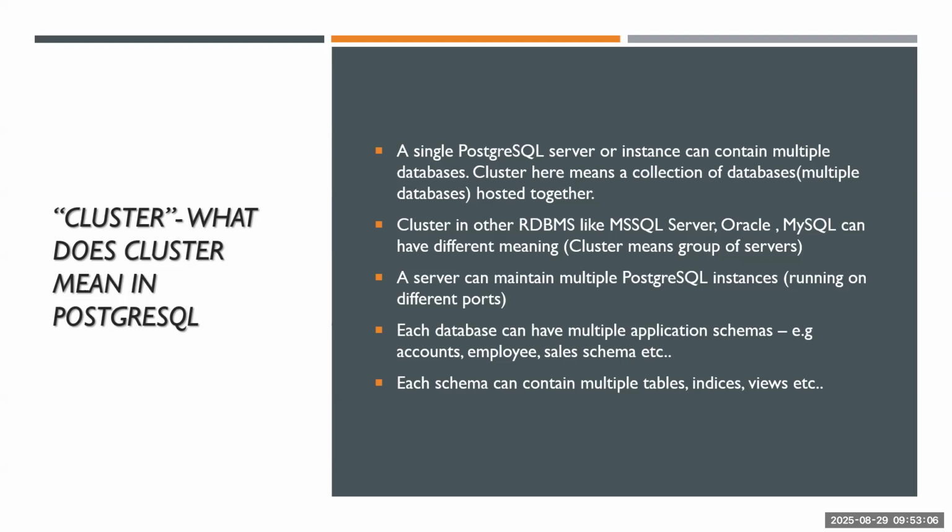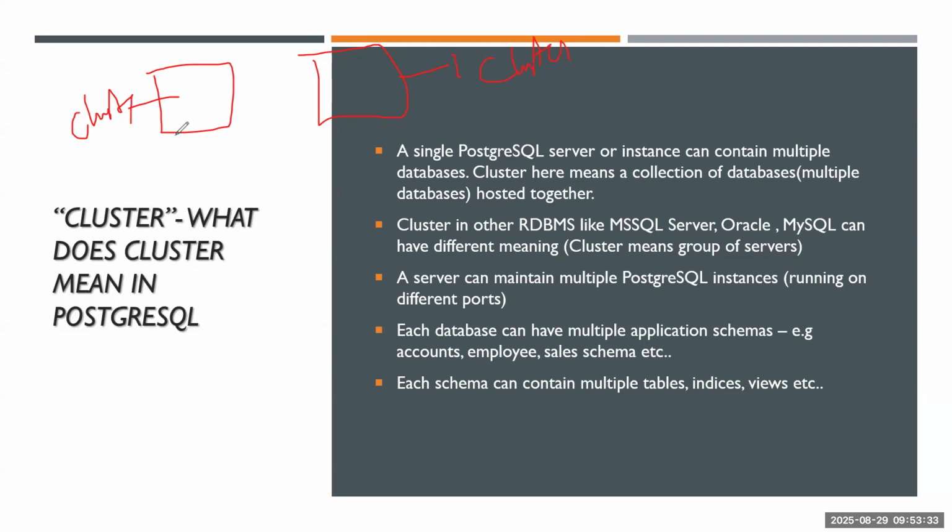So a cluster is nothing but a group of databases working as a unit, and each cluster should maintain a unique port number. For example, I'm having two servers. In one server I'm building one Postgres cluster, and in the other server I'm going to build one more cluster.